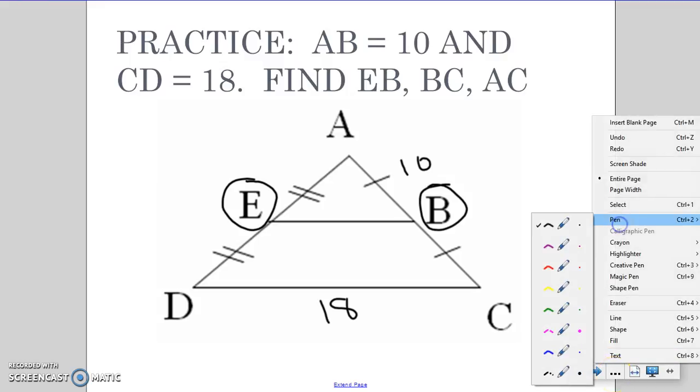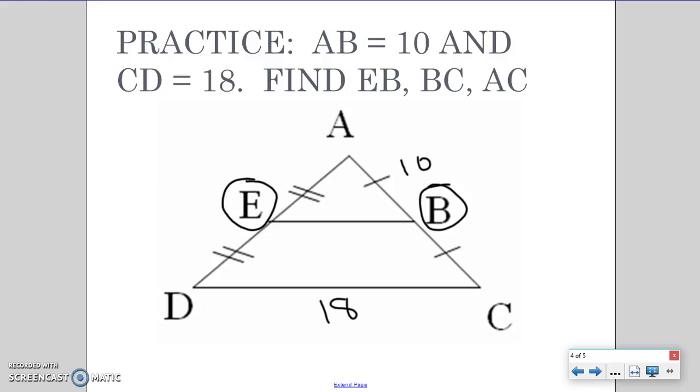So my goal is to find EB, BC, and AC. I'm going to start with BC because I have my congruency tick mark, so that tells me this is 10. And this whole side would have to be 20. And then I need to find EB, which is my midsegment. So 2 of these midsegment pieces is 18, which tells me that EB has to be 9 units.